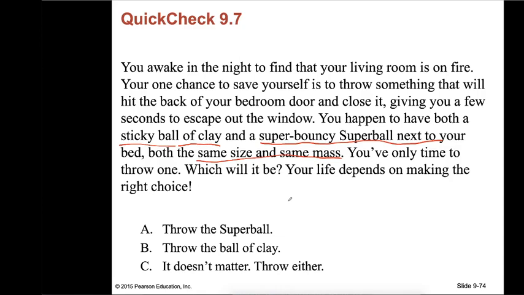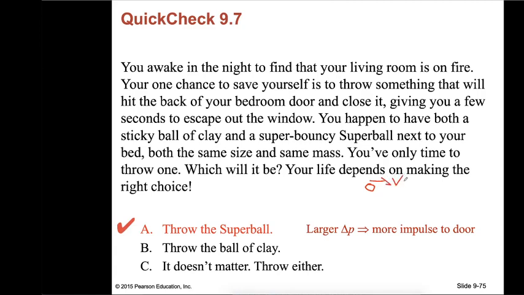That's an extreme example, but I'll give you the answer. The super ball, because it will have larger delta P, which generates more impulse to the door. Why? Now let's see. If you have a super ball, you throw it with the initial velocity, that's V initial, and then after hitting the door, it will come back, right? That's your V final.